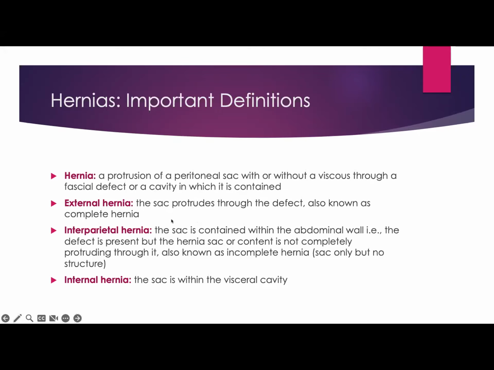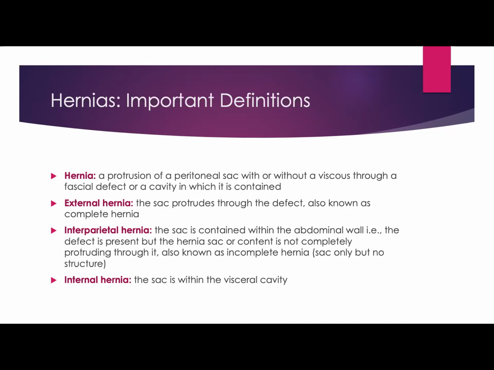The hernial sac is the peritoneal layer. In addition to that, there could be either intestines along with that or no intestines. So we are going to refer to it as hernial sac. Okay.